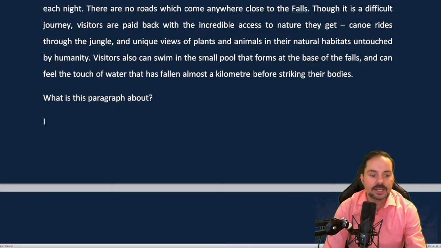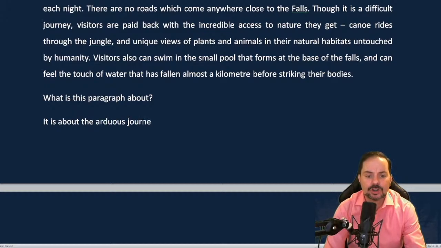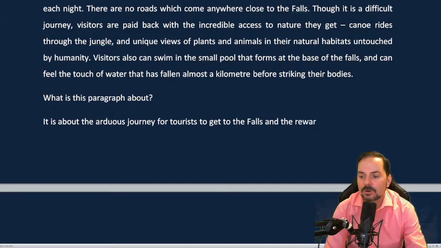So it is about the arduous journey for tourists to get to the falls and the reward. Of course, there's a reward there.